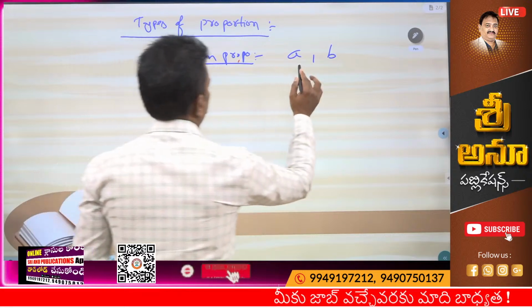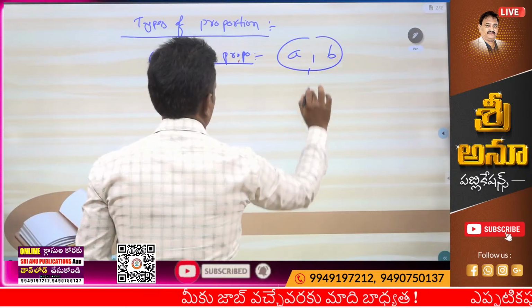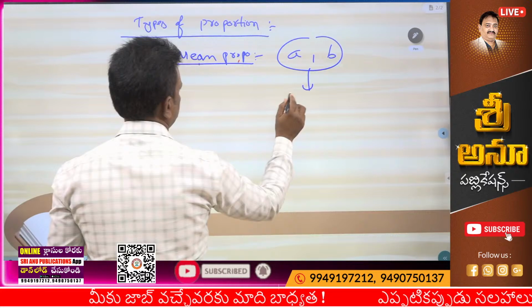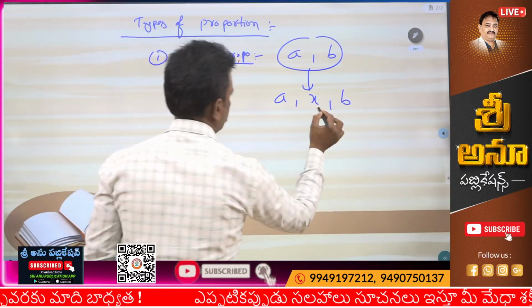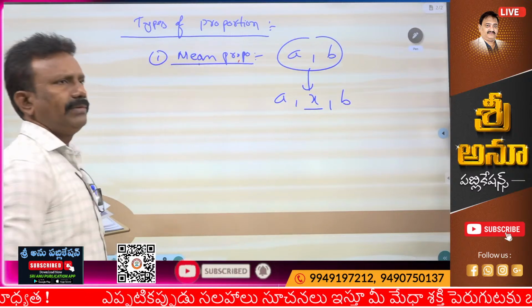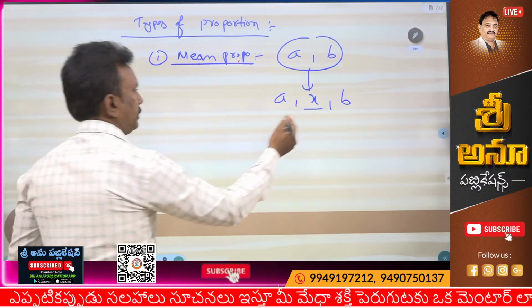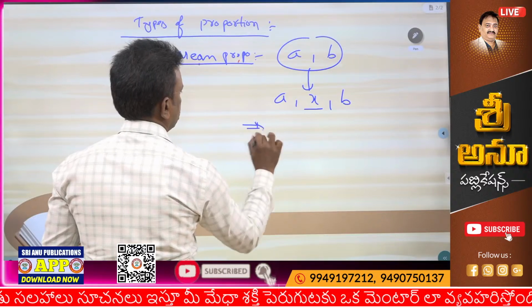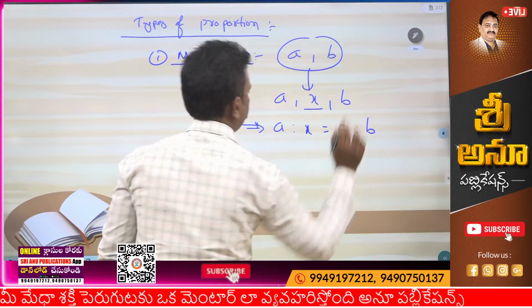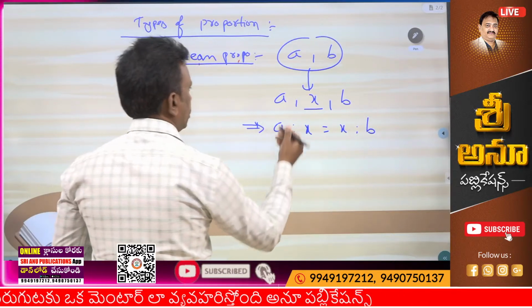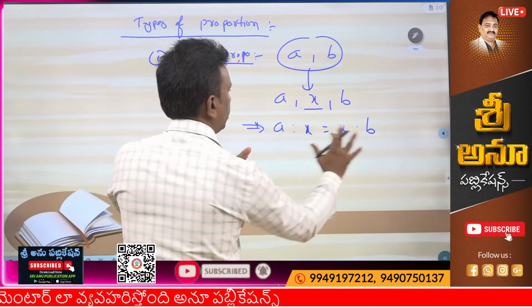In the case of the mean proportion of A and B, let us assume one number X: A, X, B. Let us assume that X is the mean proportion of A and B, and write it as a proportionality relation. So A is to X is equal to X is to B. After that, just write the equality of ratios.